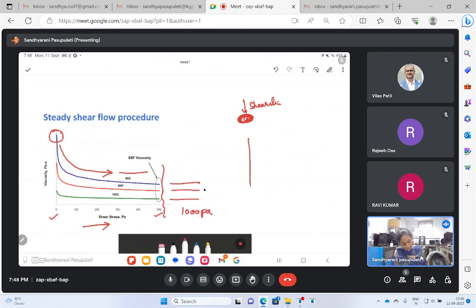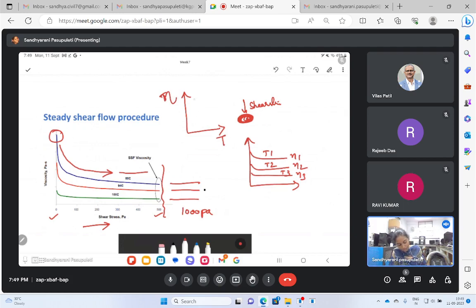We perform this test for multiple temperatures, so temperature T1, T2 and T3. So I get viscosity 1, viscosity 2, viscosity 3, for temperature 1, temperature 2, temperature 3. Then I will plot viscosity versus temperature.